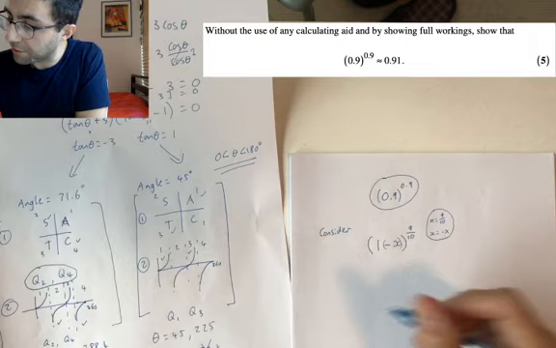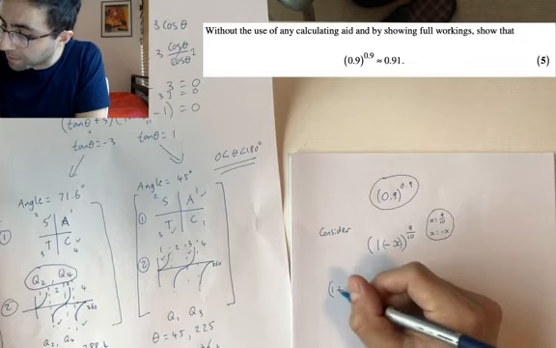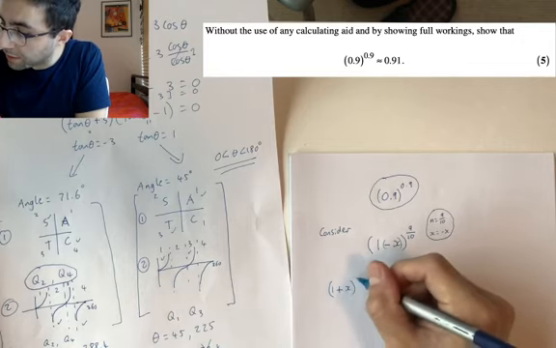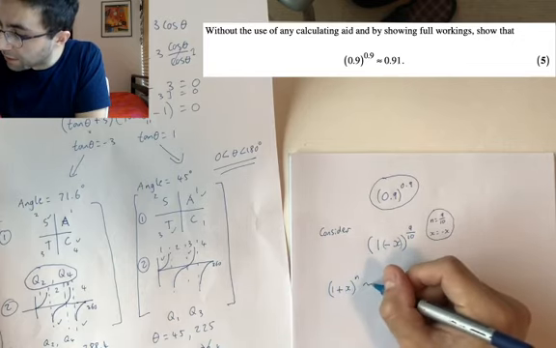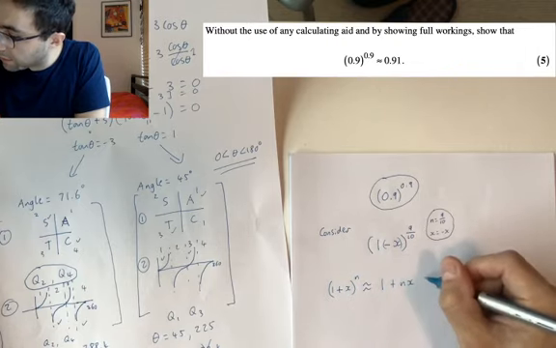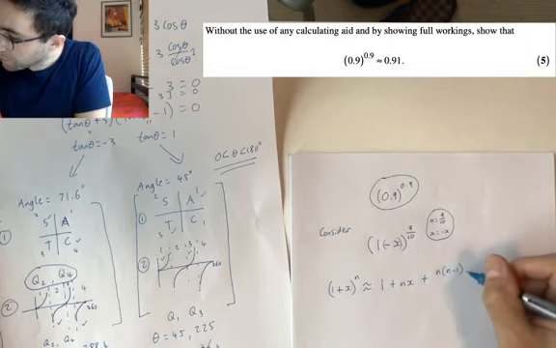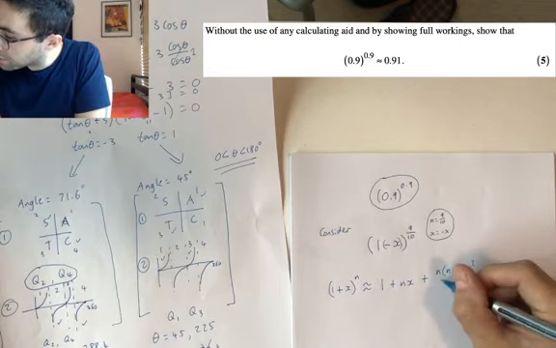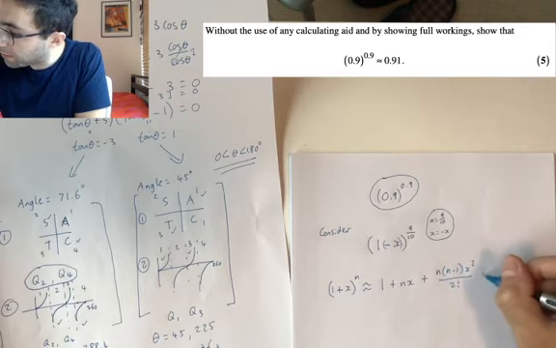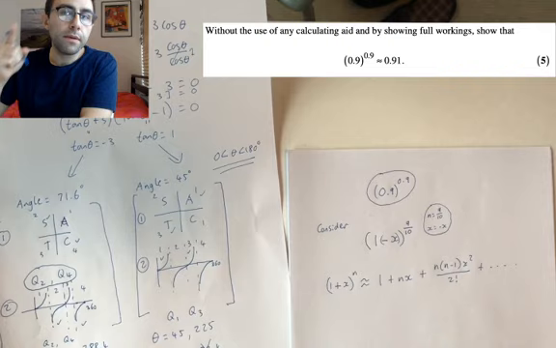The binomial expansion says that, well, let me just quickly write the formula. If it was 1 plus something to the n, that is roughly equal to 1 plus nx plus n times n minus 1 x squared over 2 factorial plus, and then there's more terms like that given to you in the formula book.